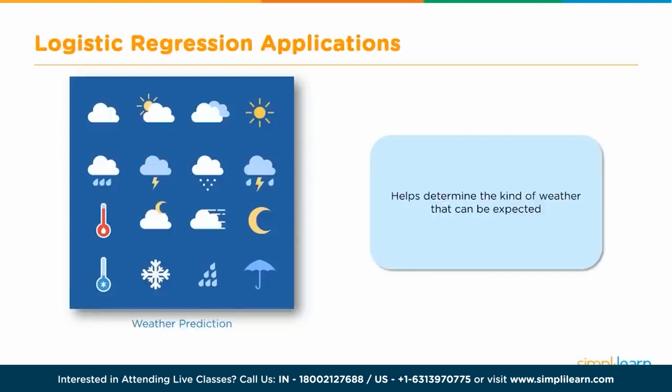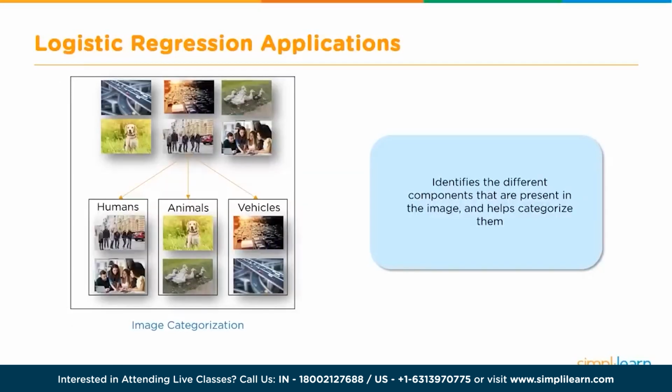So we want to find out whether it's going to be rain or not, whether it's going to be sunny or not, whether it's going to snow or not. These are all logistic regression examples. A few more examples. Classification of objects. This is again another example of logistic regression. Now here, of course, one distinction is that these are multi-class classification.